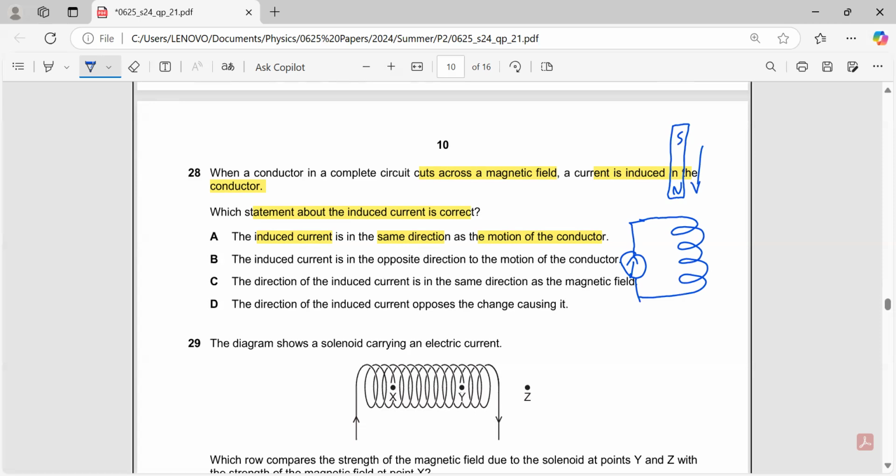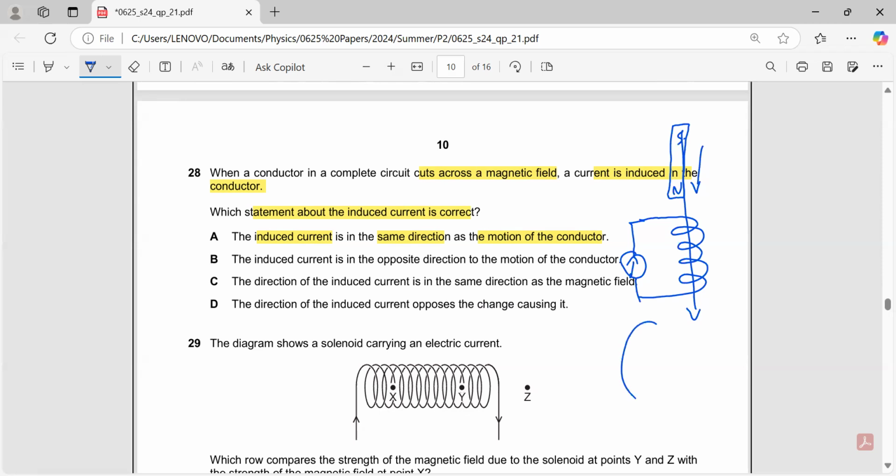So the EMF will be induced and current will be induced in it. But in the first statement, they are saying that the induced current is in the same direction as the motion of the conductor. The conductor is moving like this, but not necessarily will the current be like this. The current is not like that. It should be in the direction of the motion of the conductor. It's not possible at all.